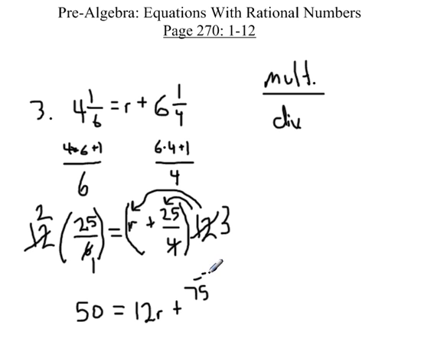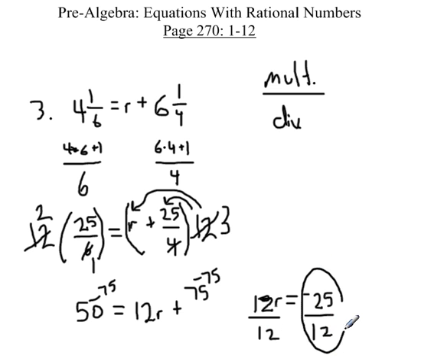Now subtract 75 from both sides. And what I get is 12r equals, that should be a 12. 12r equals negative 25. Now you divide both sides by the number in front of r. So divide both by 12. And there's your answer, negative 25 over 12, so it's used a slightly different way.